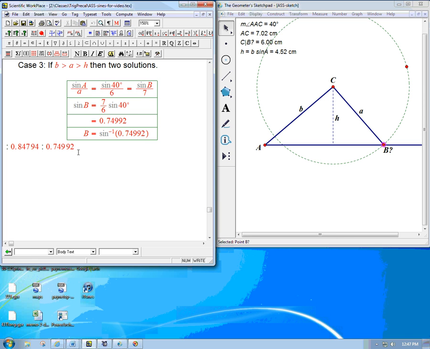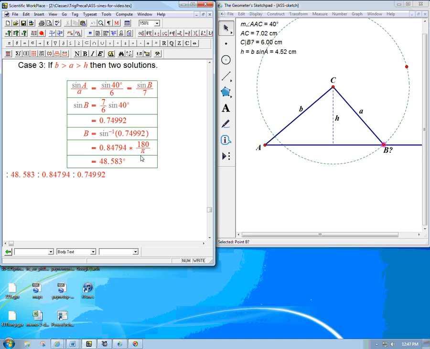One of the weird things about this computer is it always does that in radians. Maybe there's a setting I don't know about, but I'm just going to multiply by 180 over pi to get it in degrees, because we really want degrees for these geometry problems. And it looks like 48.583 degrees.